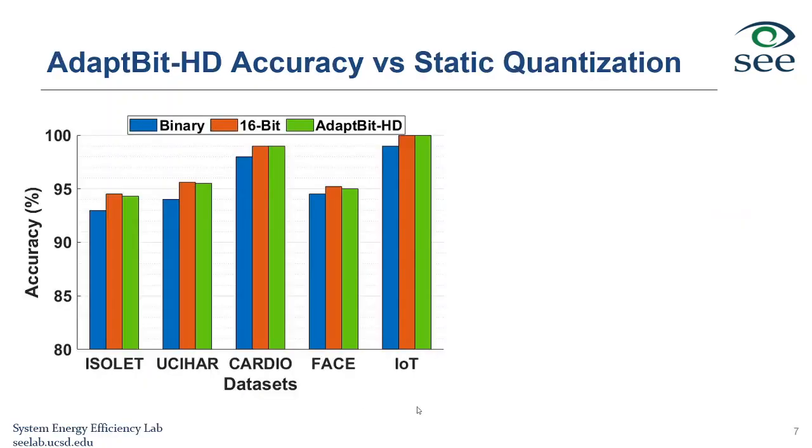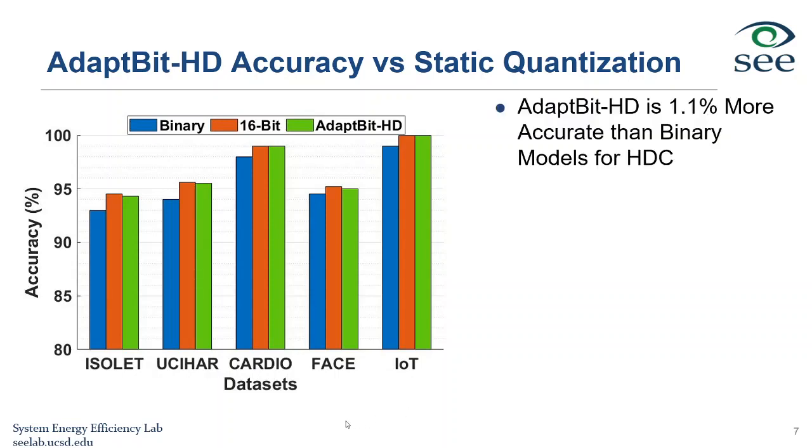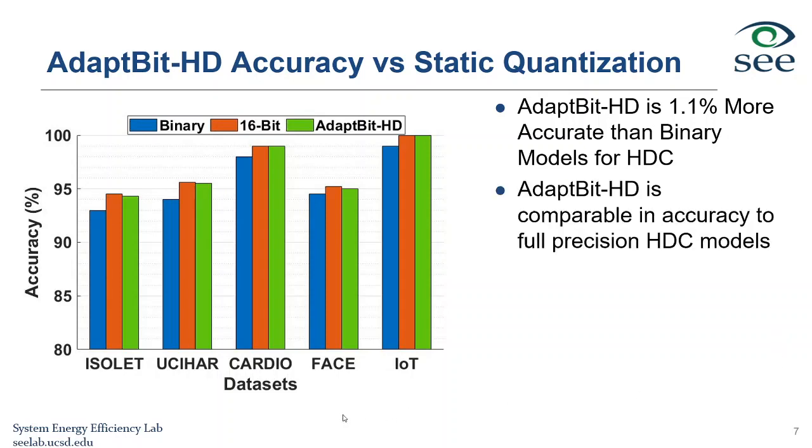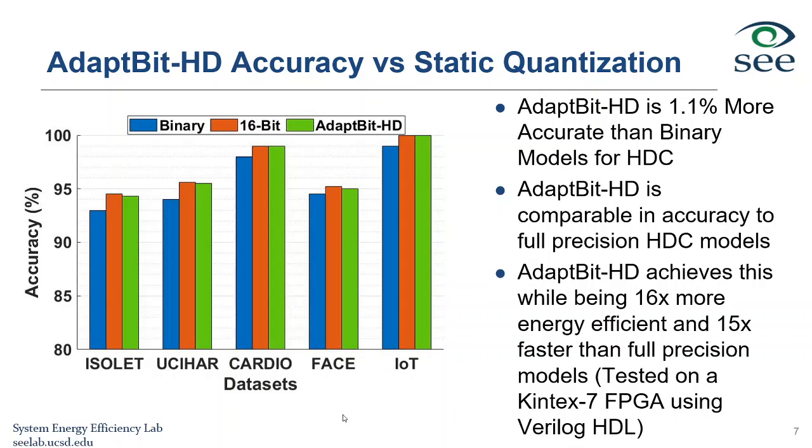Here we compare the accuracy of AdaptBit HD with static quantization methods. We can see that AdaptBit HD is 1.1% more accurate than binary models for HDC, and AdaptBit HD is comparable in accuracy to full precision. Furthermore, AdaptBit HD is 16x more energy efficient and 15x faster than full precision.